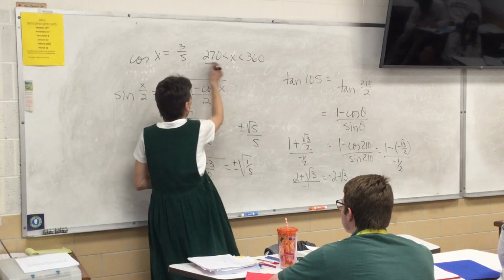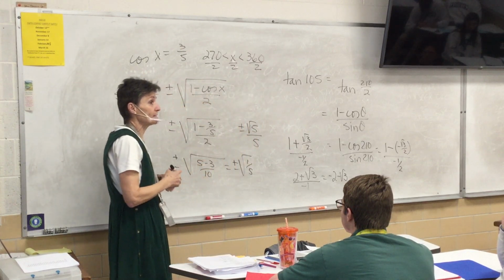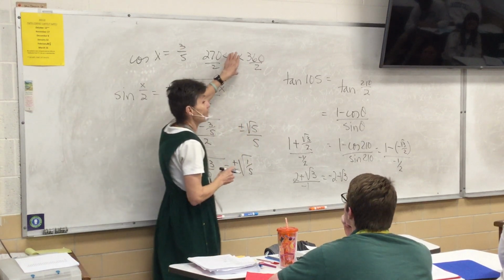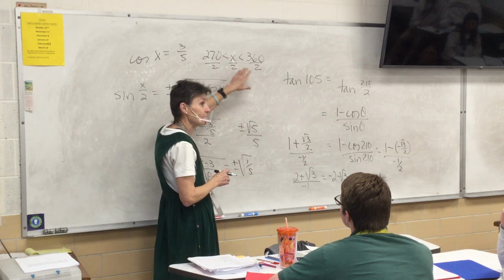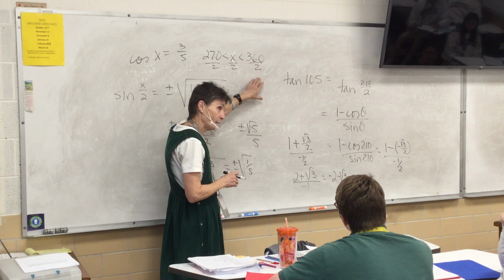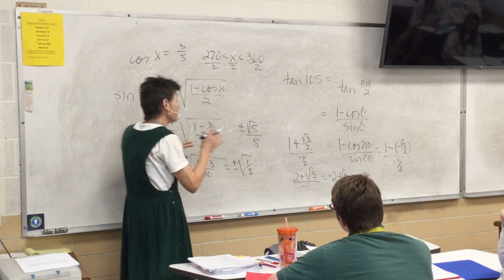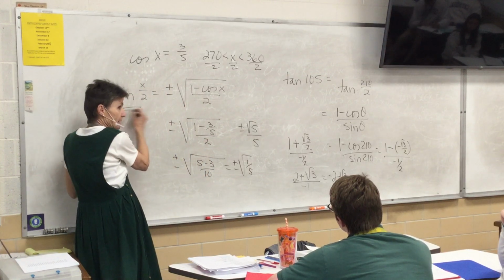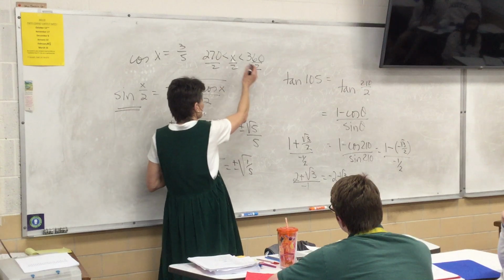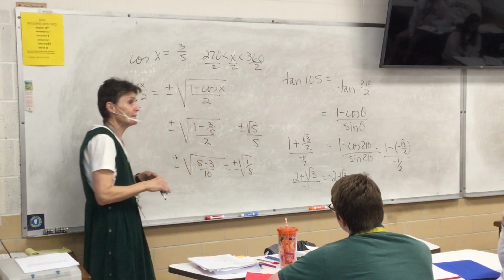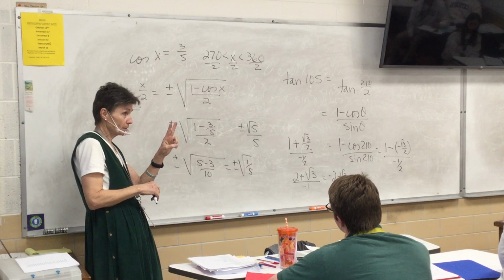So if the whole x is between 270 and 360, then the half x will be between 135 and 180. Does that make sense to you? So the angle that I am actually using in my problem, the half x, is between 135 and 180, which means it's in quadrant 2.